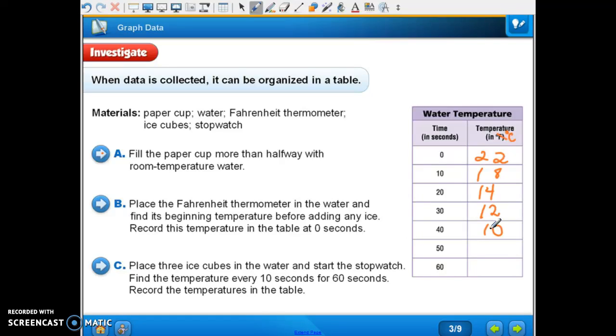Try again. This should be about 50 seconds. I would say it's still at 10. Let's try it one more time.